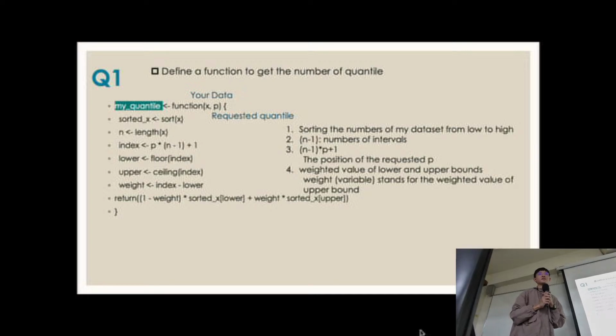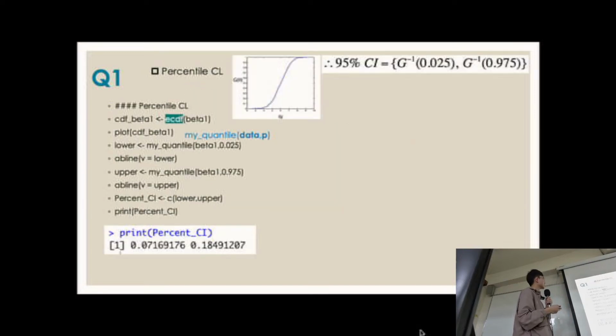Yeah, because the output is the beta 1, right? The sorted output is beta 1, right? So output is beta 1, and then you put beta 1 here. So this is just for the plot, right? You don't use this in the calculation after.